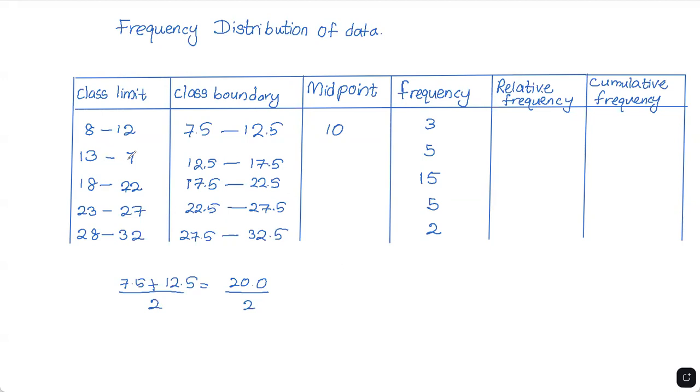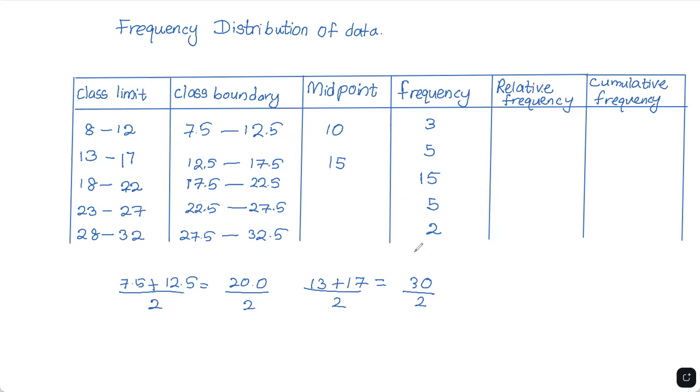For the second class, the midpoint is 13 plus 17, which is 30, divided by 2. 15 is your midpoint.